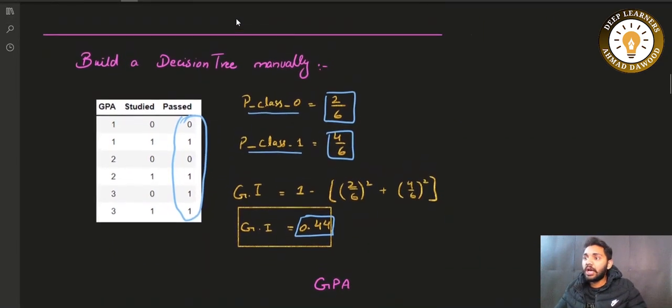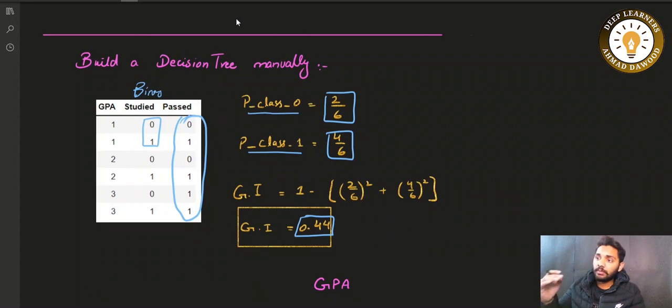Now we are going to see what will be the best split. Here in the GPA case there are 3 values, 1, 2, 3. In the studied case we have 2 values. And how does the CART algorithm in sklearn actually do the process? If you have to split a binary variable in which there are 2 values, it calculates the split at the midpoint of both of them.